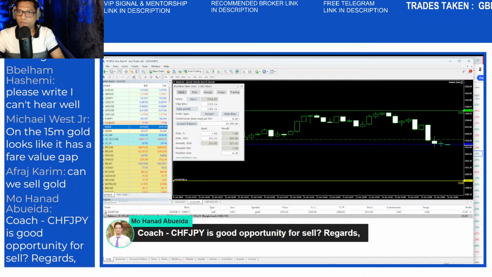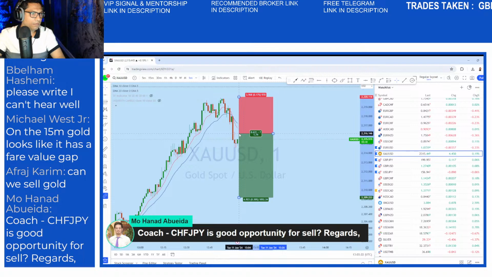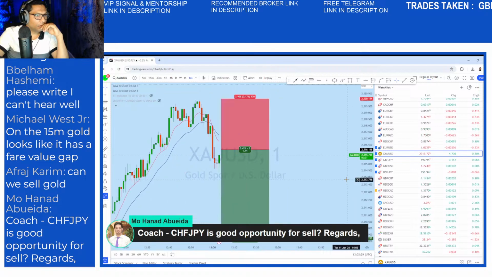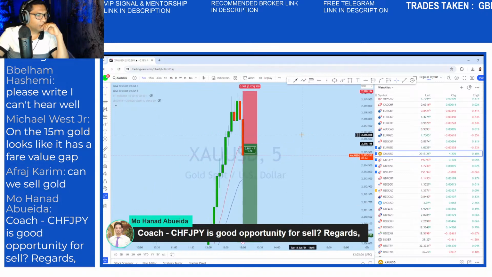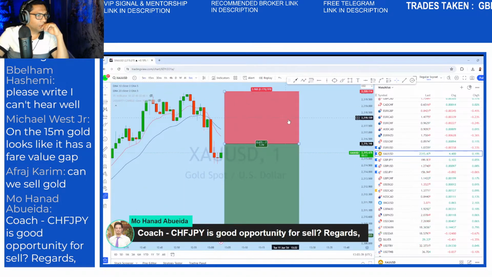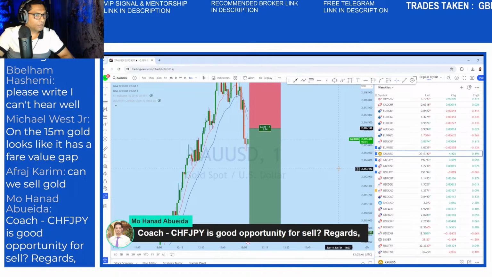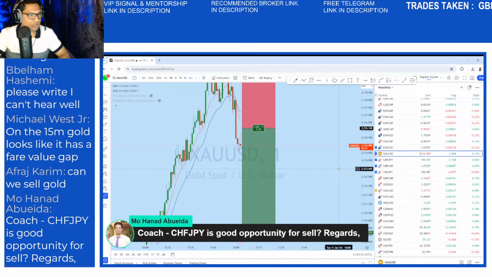So the 1 minute chart is still showing bearish, which is in our favor.